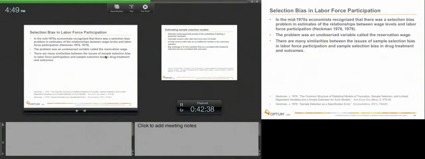But in these big national probabilistic surveys from the Bureau of Labor Statistics, you had samples, and you could observe whether somebody was in the labor force or not, and you had data on the whole population, random samples of the whole population, so you could model whether somebody was in the labor force or not, just like that drug selection equation.